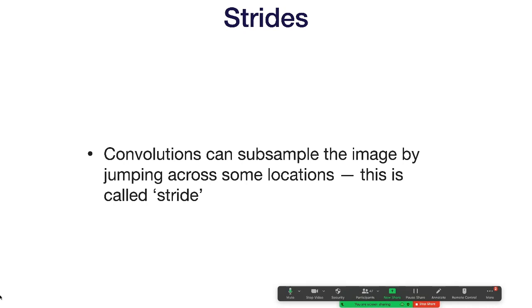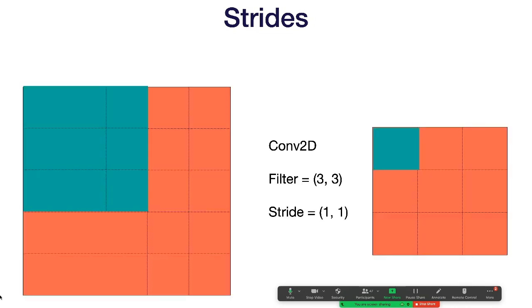What you can do instead, if you want to subsample your image, is you can skip some locations, right? So if you have a stride of 1, which is the example we've been talking about so far, this is what it looks like to apply the ConvNet to the image. So you move 1 pixel at a time, and the corresponding output moves 1 pixel at a time as well.